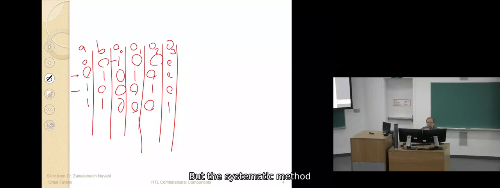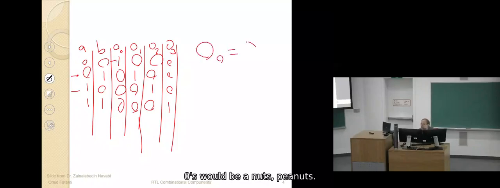But the systematic method, especially when it is 3 variables or 4 variables, is to draw the Karnaugh map, then find the implicants, prime implicants, and essential prime implicants, as we discussed before. Here it's very easy.